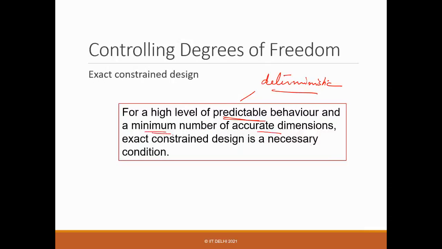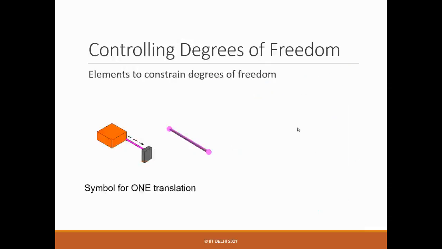Minimum, you want to minimize because accurate dimensions add to cost, right? So exact constraint design is a necessary condition. You have to follow the exact constraint design principles. Then only can you have a deterministic design and reduce cost by minimizing accurate dimensions.